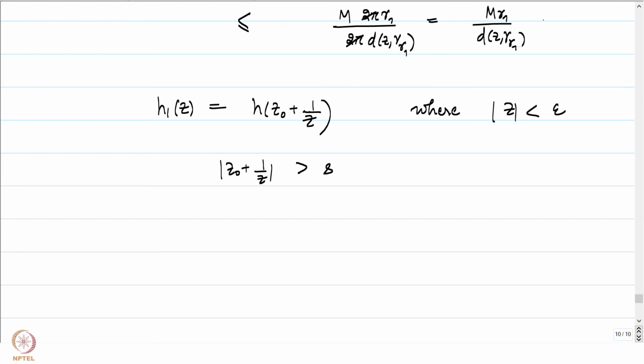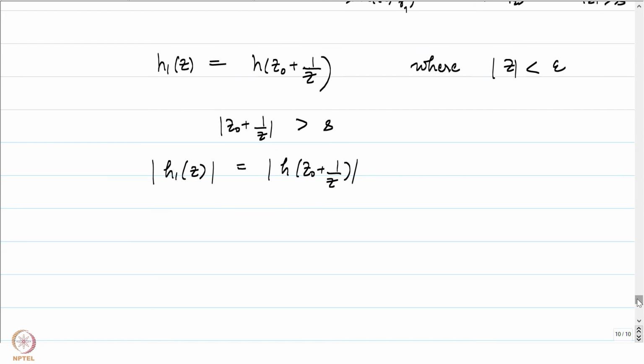So maybe I should say that h is less than 1 for mod greater than some s. This can always be arranged. So suppose this is greater than s, what is happening is the absolute value of h1 of z is going to be equal to the absolute value of h of z0 plus 1 by z, which is being arranged to be less than or equal to 1. That tells us that h1, because it's locally bounded, has a removable singularity.